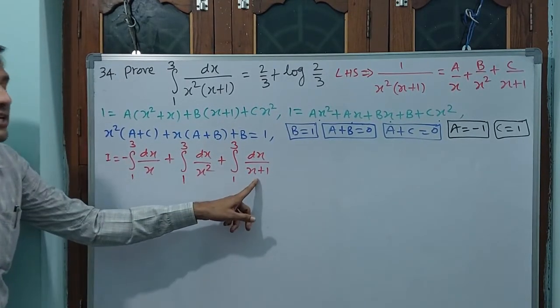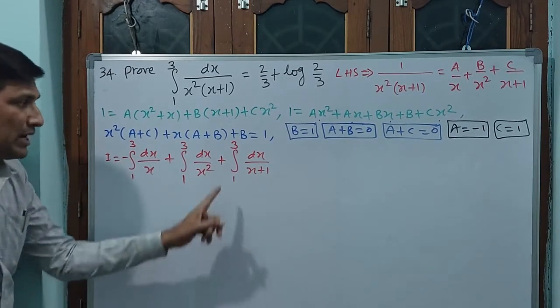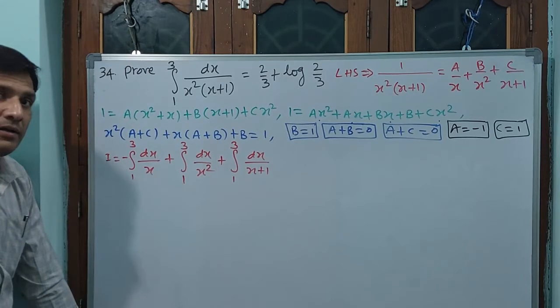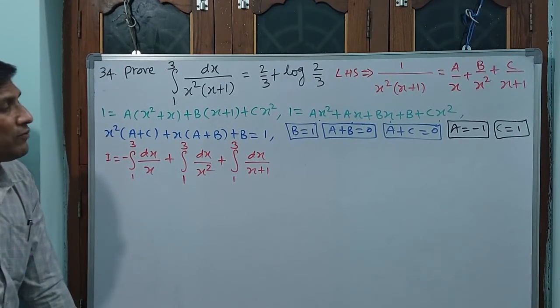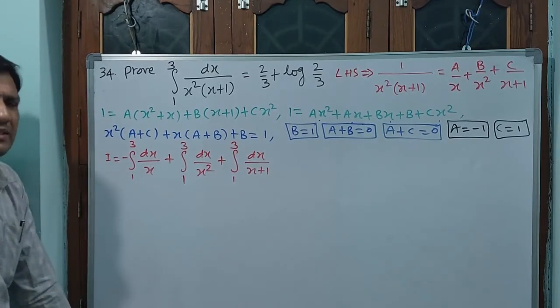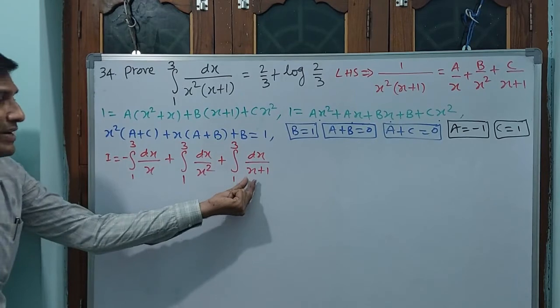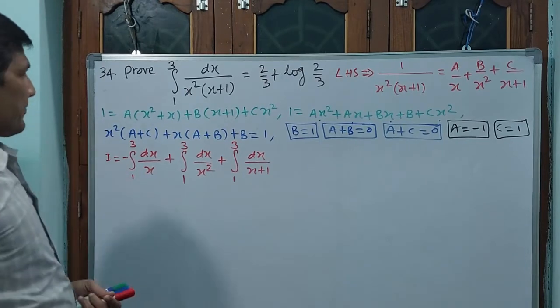Here you can take x plus 1 as t, dx also dt, but limits are going to change. That you have to observe. Or else if you want to take x plus 1 directly, just log of x plus 1, that's all. You can take log of x plus 1. See, when x is linear, then you can take like that. Okay? Okay. Let us proceed.